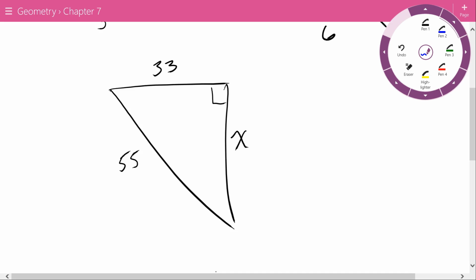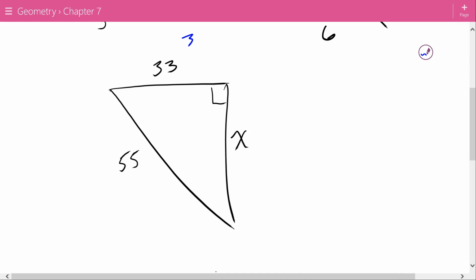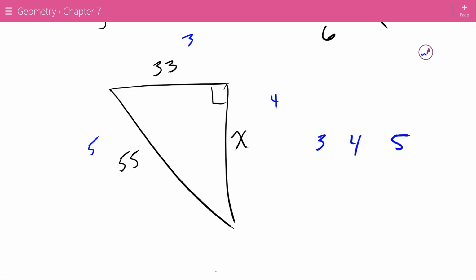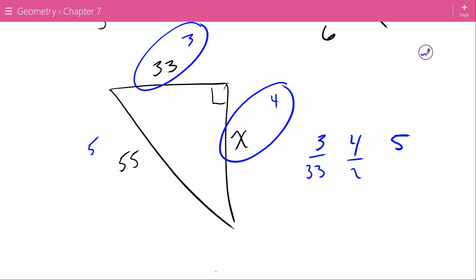So if you're able to identify that a length is a variation of 3, and the other leg is a variation of 4, and the hypotenuse is a variation of 5, you can rewrite the problem out as pattern divided by problem. So 3 corresponds with 33 in our problem, 4 corresponds with x, and 5 corresponds with 55 in our specific problem.